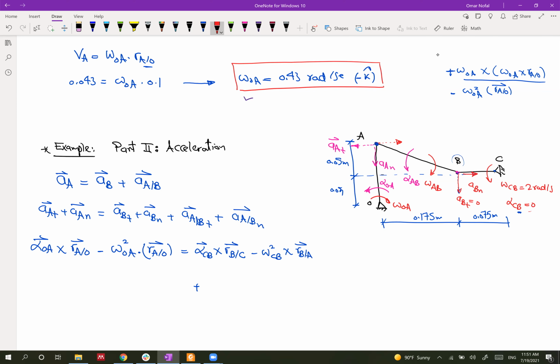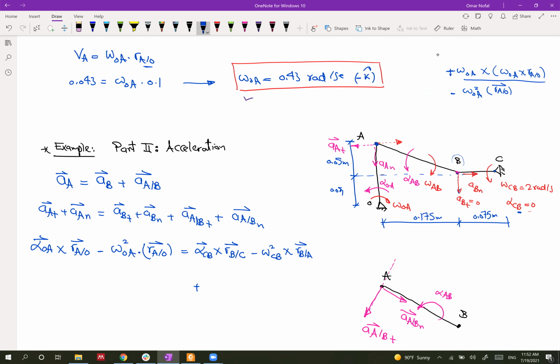So alpha A is counterclockwise, and let's draw A, and we will have B. And if I draw a perpendicular like this, and I know that alpha is in this direction, alpha AB, so this will be AA with respect to B tangent, and AA with respect to B normal is in this direction.